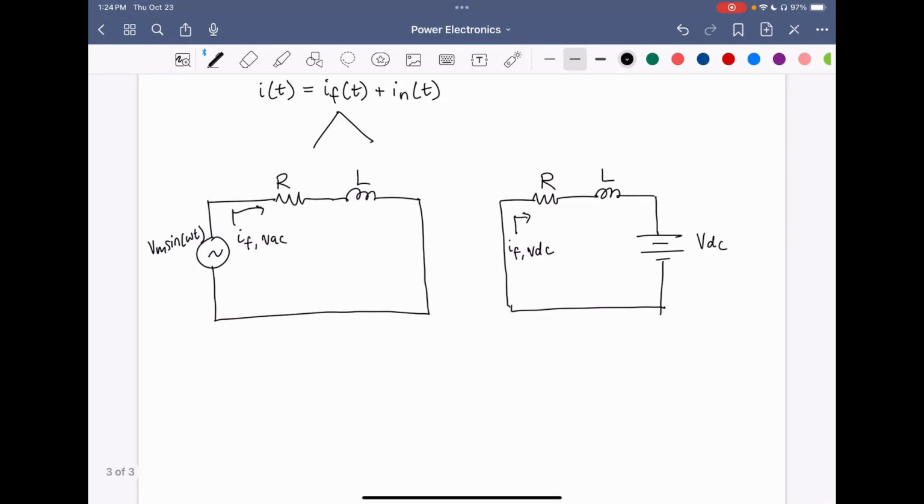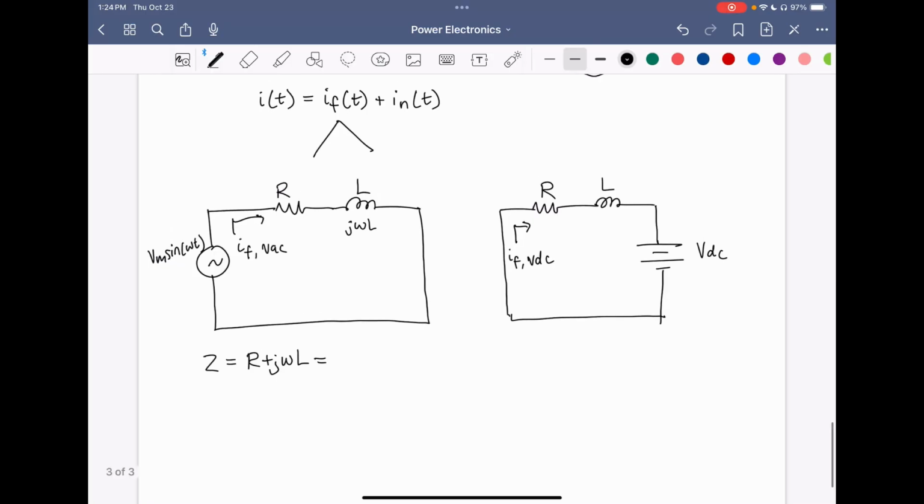Now, to analyze, let's start with i_F,VAC on the left. To start off with this circuit, we're going to apply some complex algebra. Here, the equivalent impedance of R and L, we know the impedance of L is j omega L, and they're in series, so we have the equivalent impedance being R plus j omega L. Now, this is a complex number in the complex plane, so the magnitude, or the distance from the origin, is going to be the square root of R squared plus omega squared L squared.